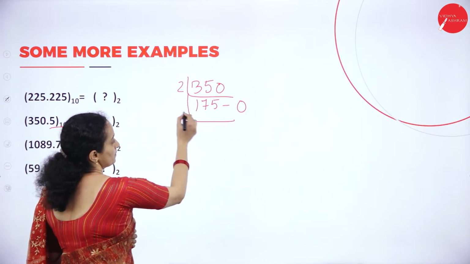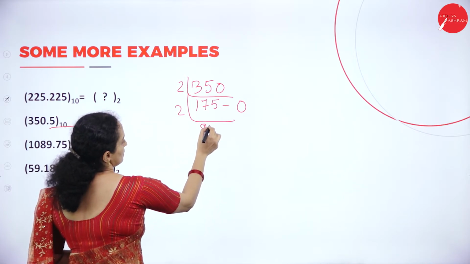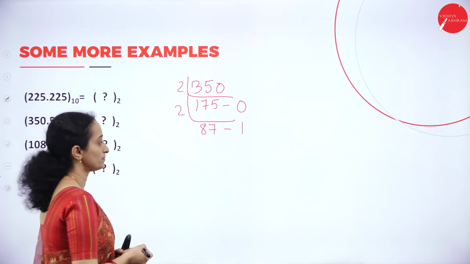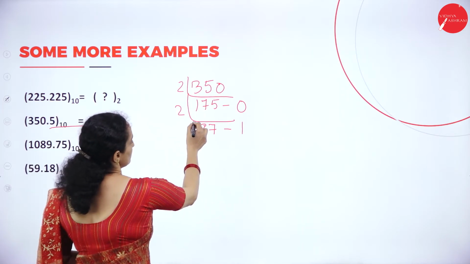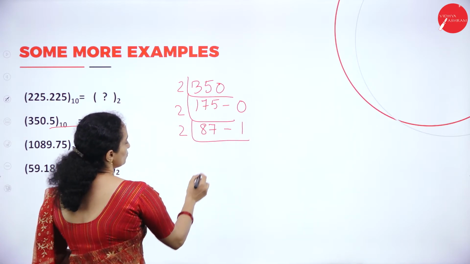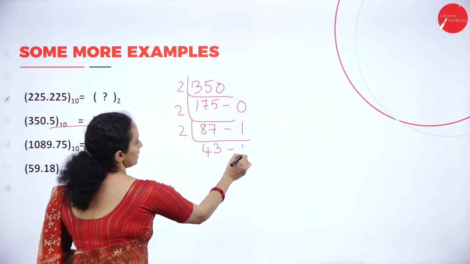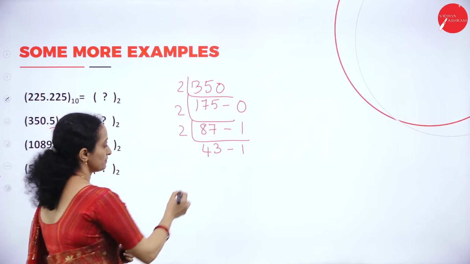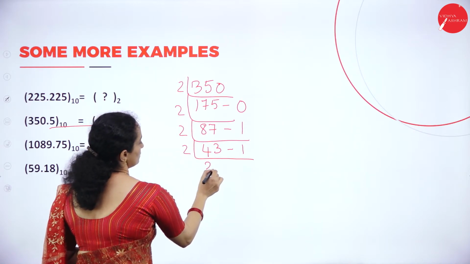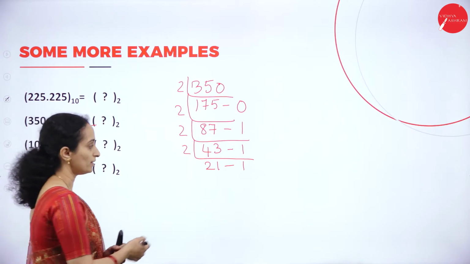Next, remainder is 1. Again we have 2, remainder is 1. Remainder again is 1.